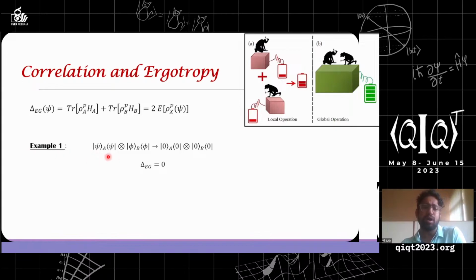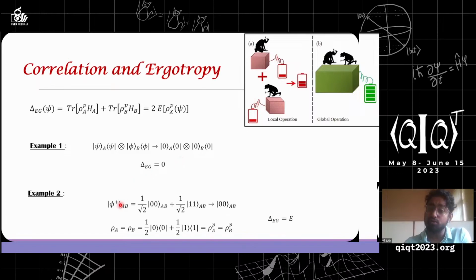Look at example 1: the state is a pure product state. Then we can show this ergotropic gap is 0. There is no collaborative advantage. Whatever they can do globally, they can do locally. But if they start with a maximally entangled state or any entangled state, then this gap will be non-zero. And that is the interesting part.